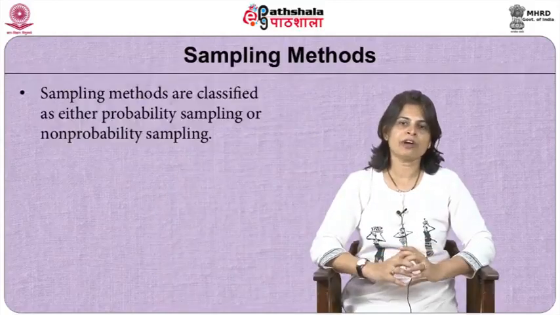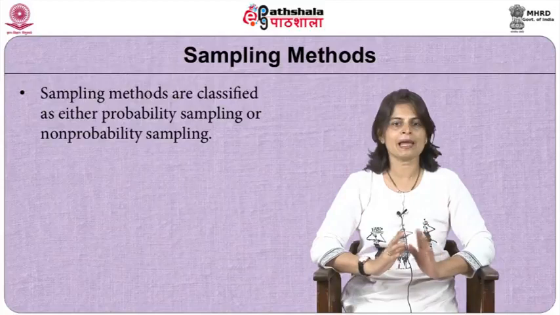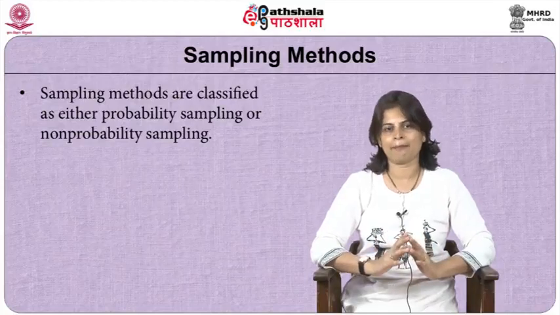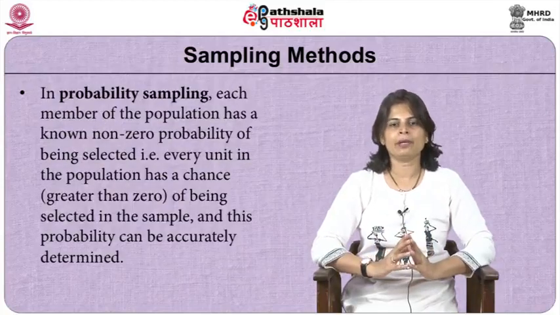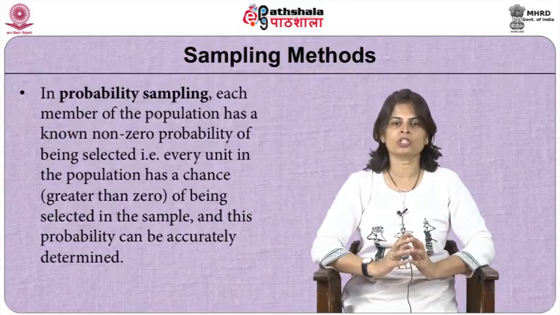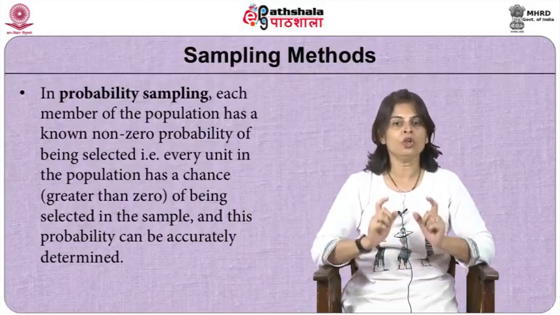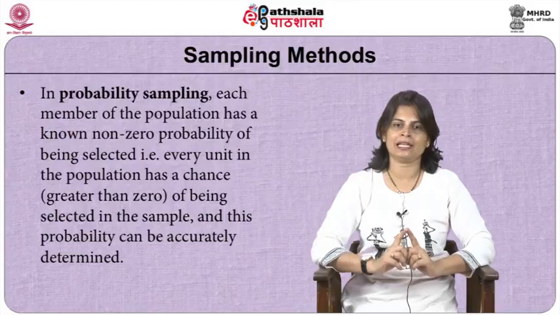Let us come to the various sampling methods. Sampling methods are classified into either probability sampling or non-probability sampling. In probability sampling, each member of the population has a known non-zero probability of being selected.